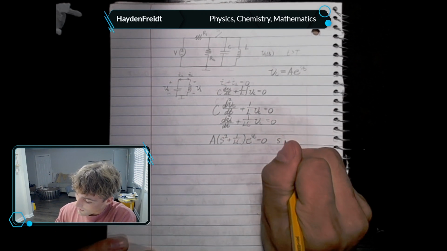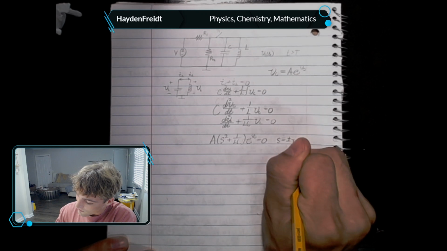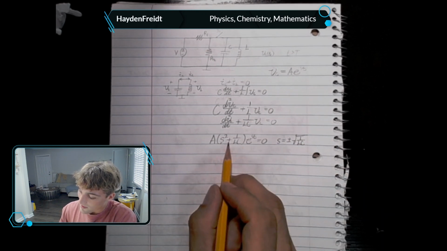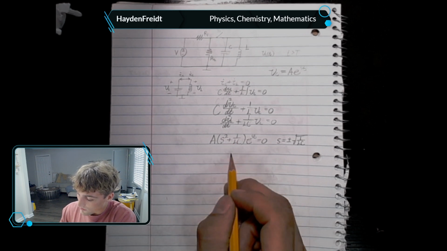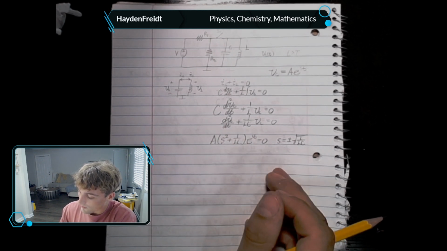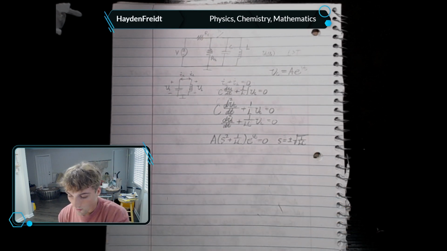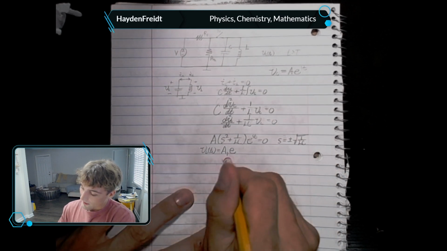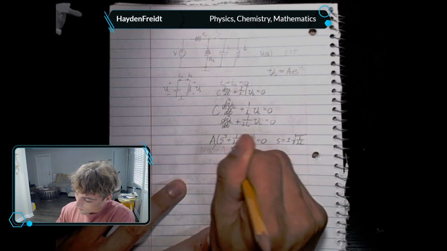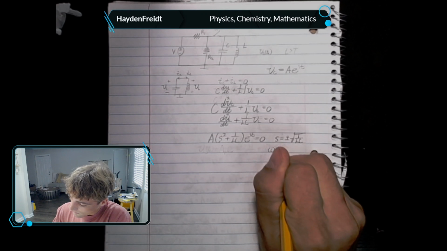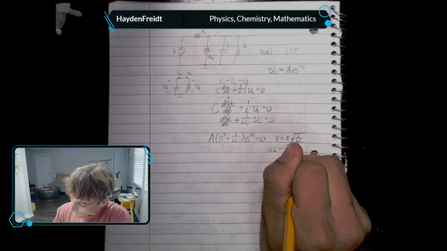All right, so we're just going to say that s equals plus or minus the square root of 1 over LC, because we're setting this right here in the parentheses equal to 0. We set that equal to 0 itself, and this is the solution that it leads to. So now we have two possibilities, which is going to lead us to two exponential functions. To make things simpler, we're going to say that omega naught equals the square root of 1 over LC.